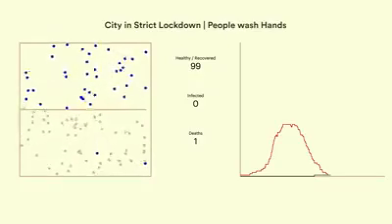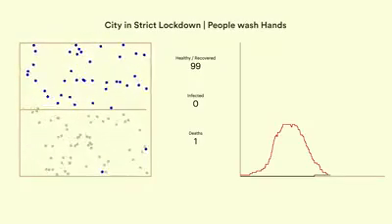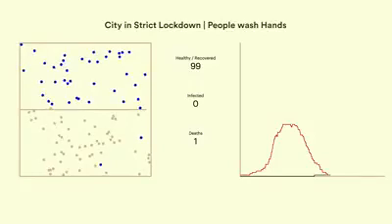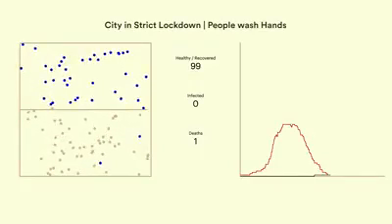This is amazing. We could restrict the number of deaths to just one and save the other half of the city completely. This is what happened in Wuhan after the Chinese government imposed severe lockdown.